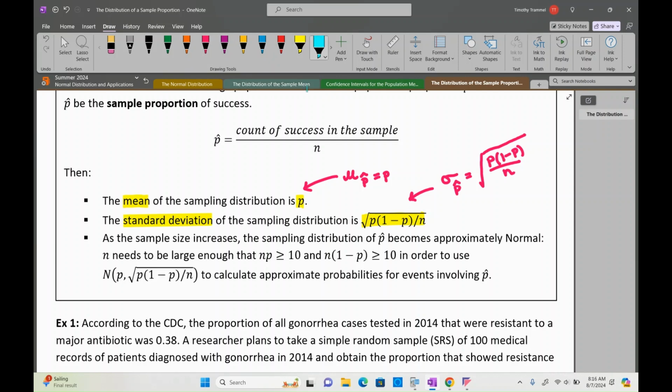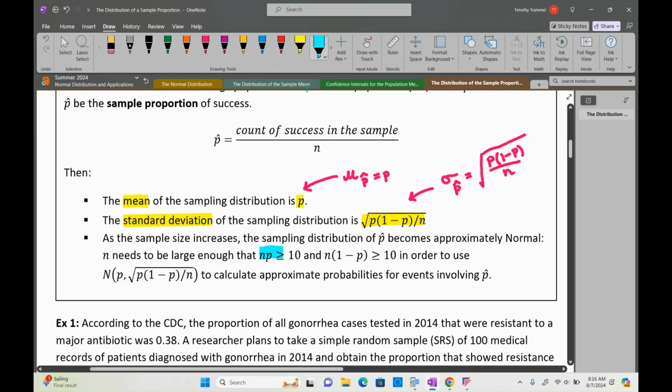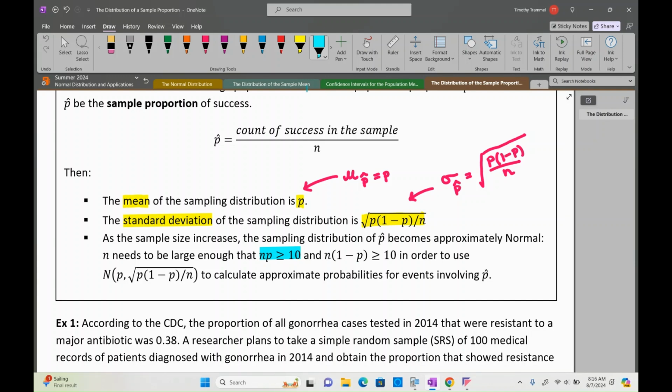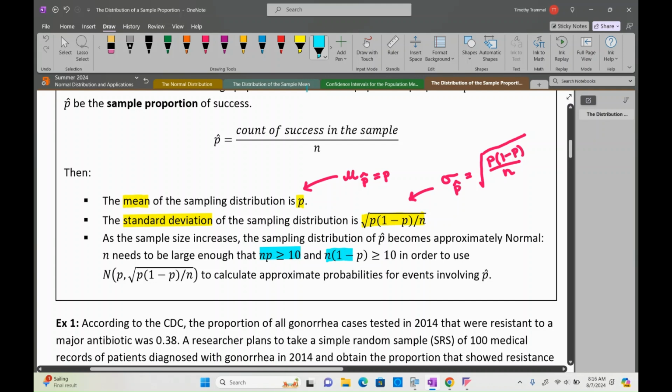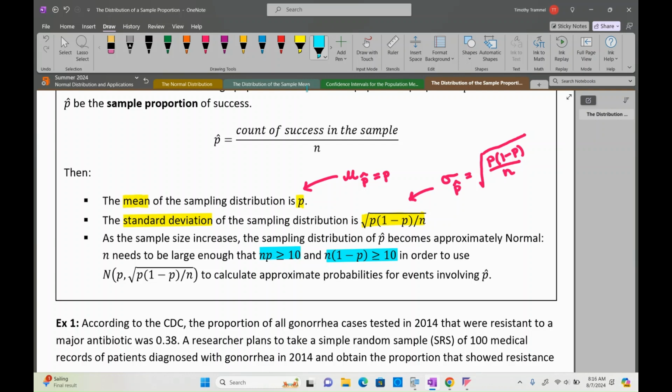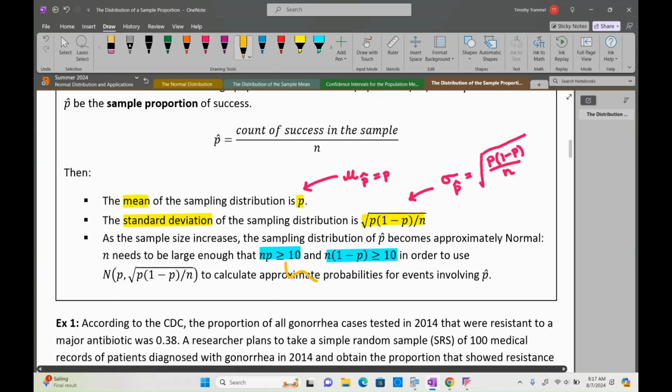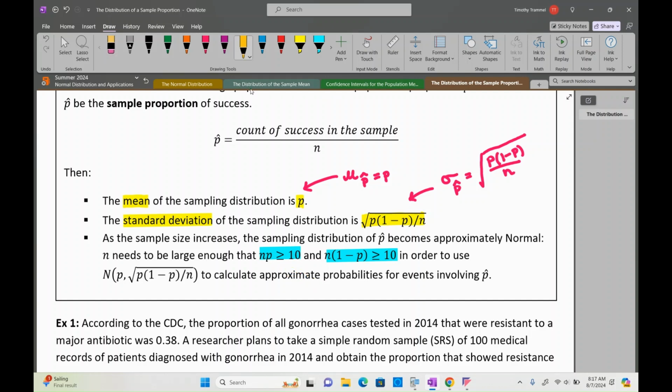We need the sample size to be large enough that when we do n times p, that number needs to be greater than or equal to 10. But we also need n times 1 minus p to be greater than or equal to 10. Now, I want to be a little bit careful about how I word this.